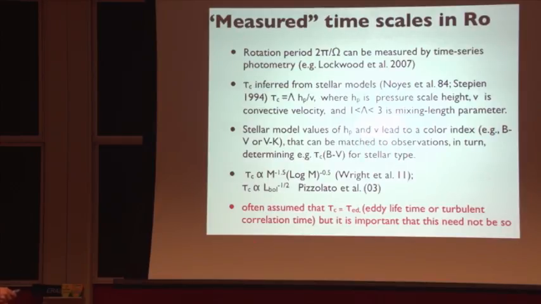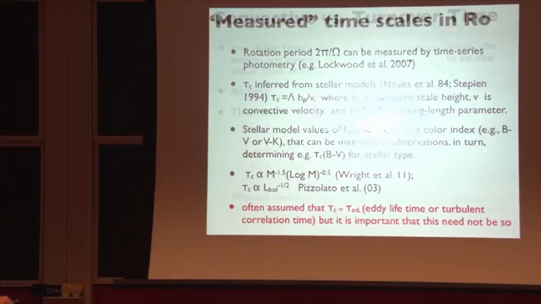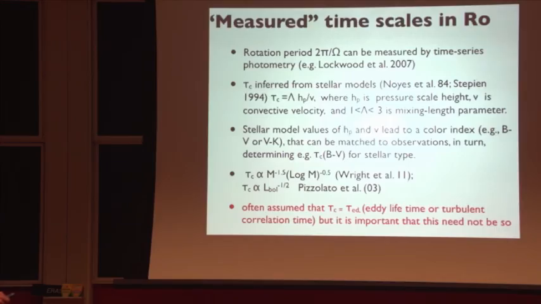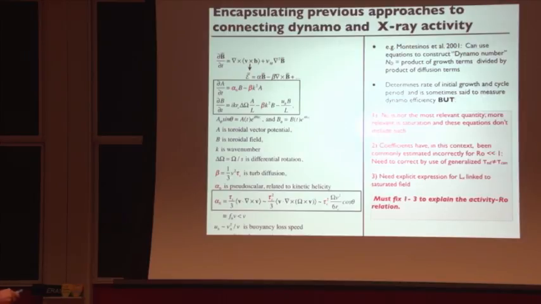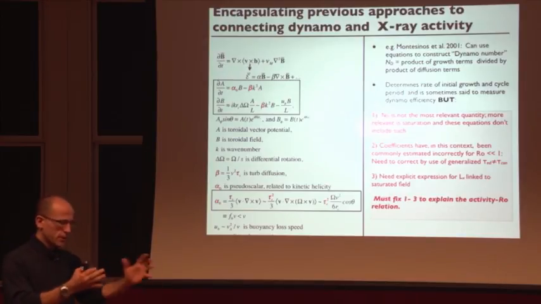So it's assumed that the convection time scale is also the eddy lifetime, or the turbulent correlation time scale. And this is important because in the coefficients for the dynamo, you imagine an eddy that rises up and twists, in the alpha effect part of it.